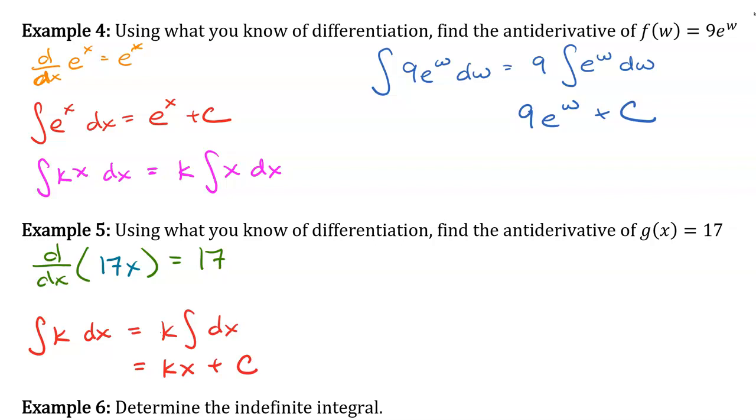So for here, the integral of 17 dx would be 17x plus c. So a lot of the rules are the same and a lot of the rules are backwards. And that is where formulas will help us. And we'll get better as we go along.